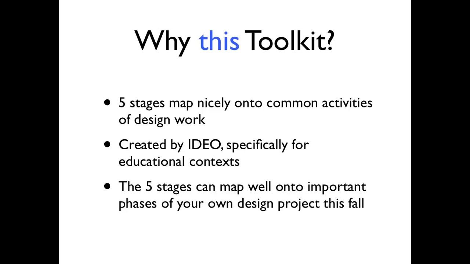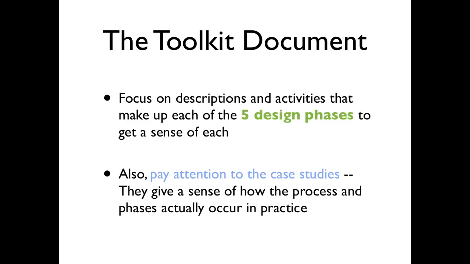These 5 stages will also map well into important phases of your own design project and own problem of practice this fall. So this toolkit document is going to focus on descriptions and activities that make up each of the 5 stages, or 5 phases I should say, either way, to get a sense of each.